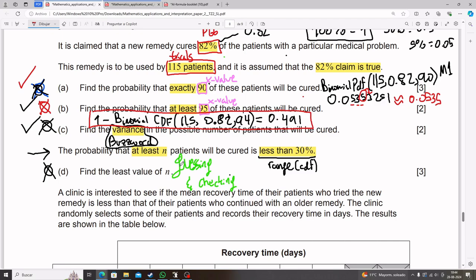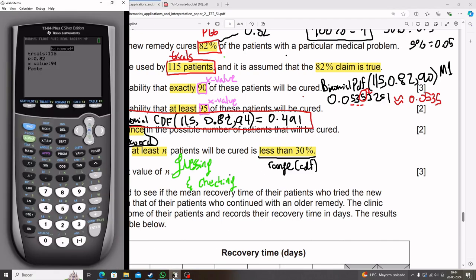And so, what do we mean by guessing and checking? Well, if plugging in 1 minus binomial CDF of 94 gave you around 49%, then if I go back here, think about it this way.